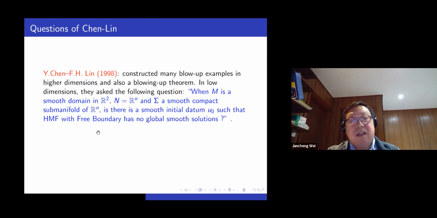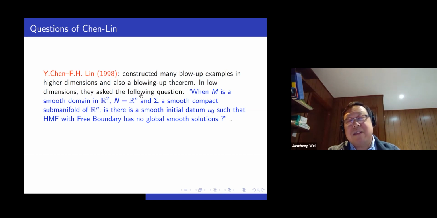Now, this was first studied by Chen Wei and Lin Fanghua in 1998, and they constructed many blowup examples in high dimensions, and some blowup theorems were also proved.